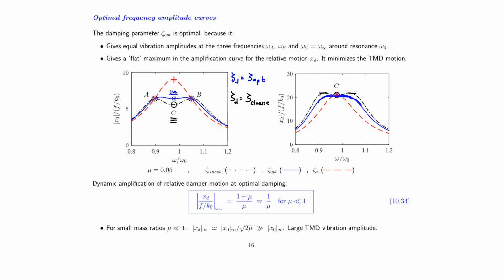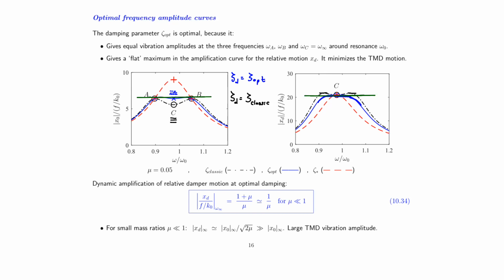So we claim that we get a flat curve in both the structural response and in the absorber or TMD response. And the mix between the two provides us with a nice balanced optimal tuning of our TMD.